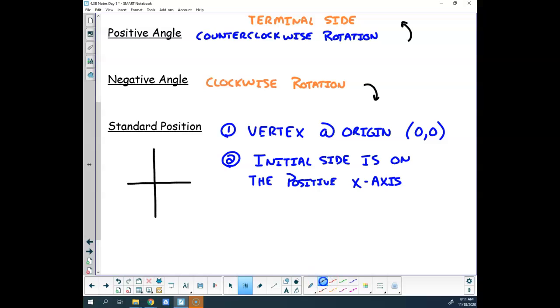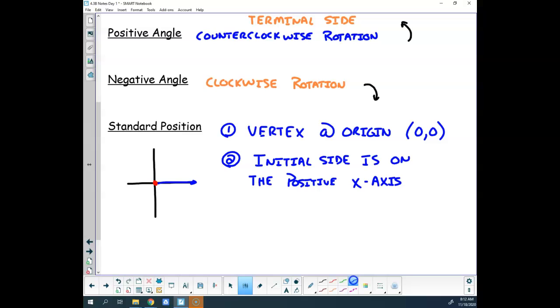So if that's my coordinate system, the vertex, which was red up there before, is there. And the initial side, which was blue, is out there. So that's where it starts.